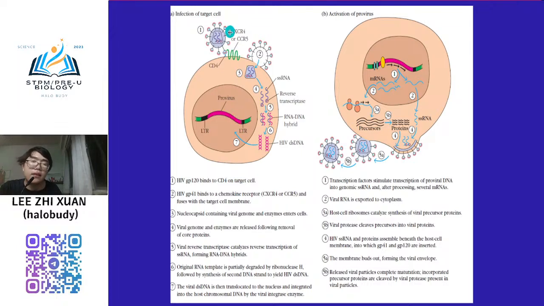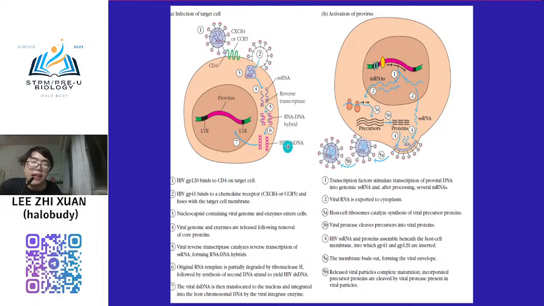Because what you need to know is that a virus cannot replicate by itself. It has to use the host cell's enzymes to replicate. So they want to use the mechanism of the cell, so they need to change to DNA first. Once they have changed to DNA, this DNA will translocate into the nucleus and integrate into the host chromosome DNA.